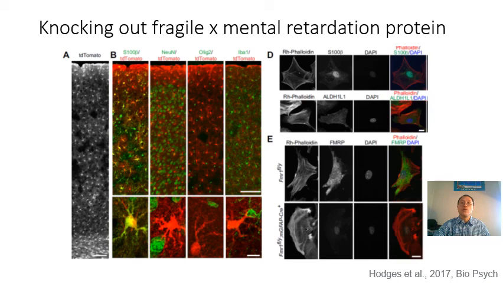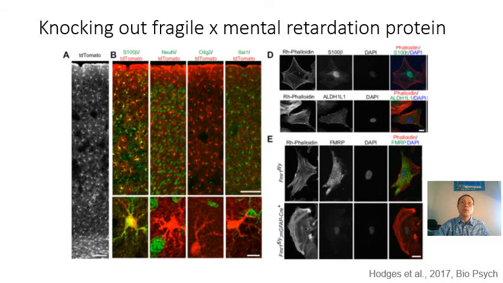If you knock out this protein, which a lot of Fragile X patients lack, then in mice you can reproduce an inability to learn. So when you knock out the FMR1 gene, which is responsible for making the Fragile X mental retardation protein, the animals don't learn very well.